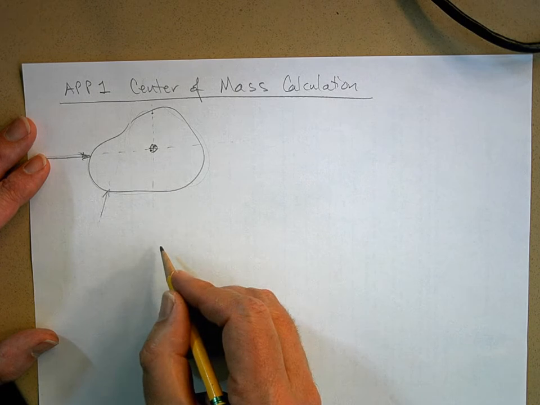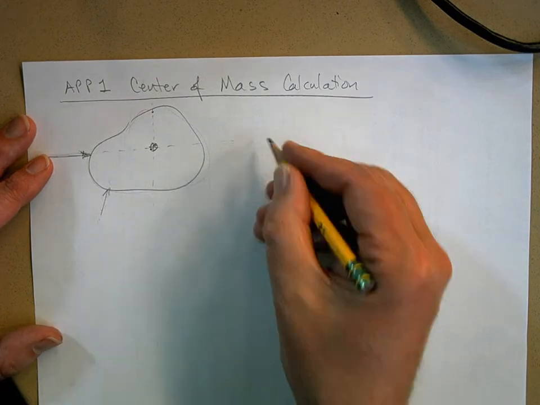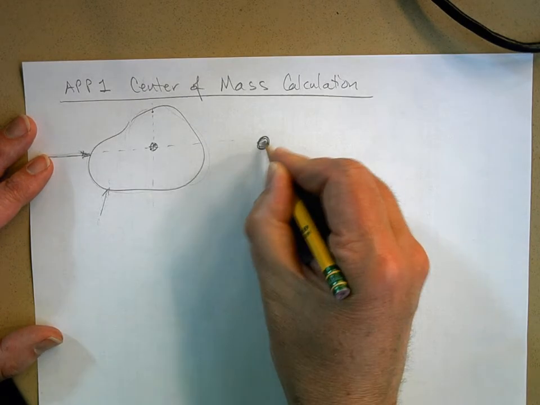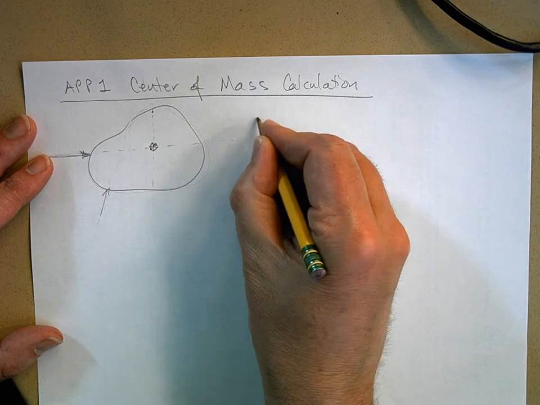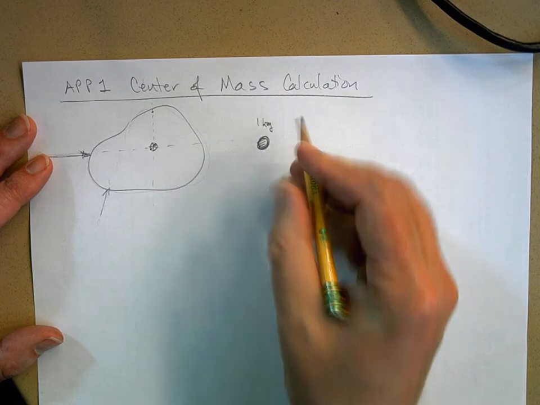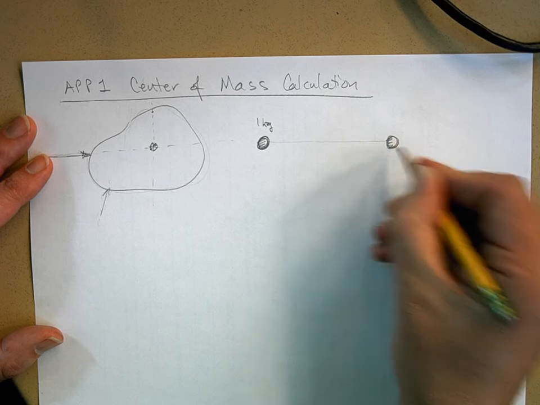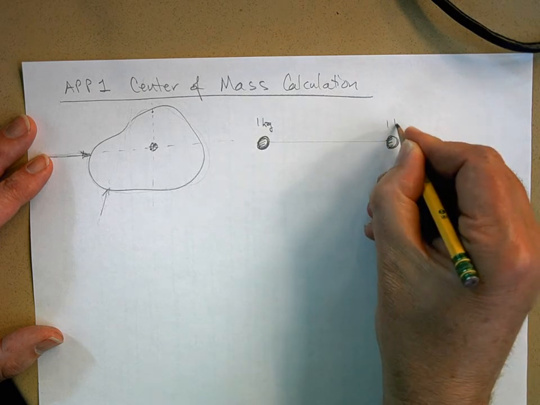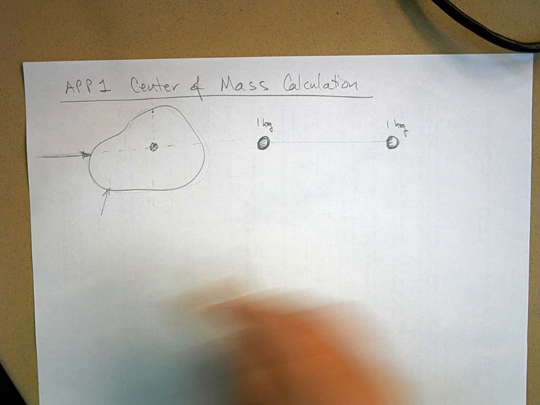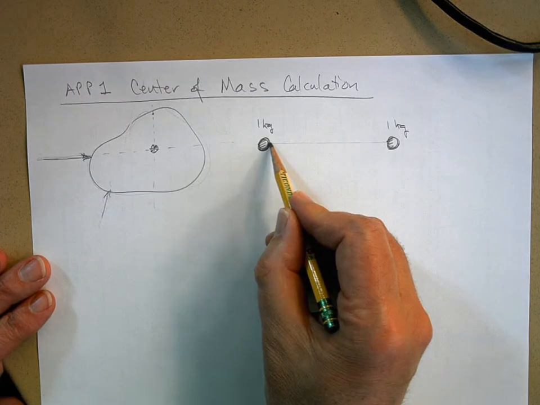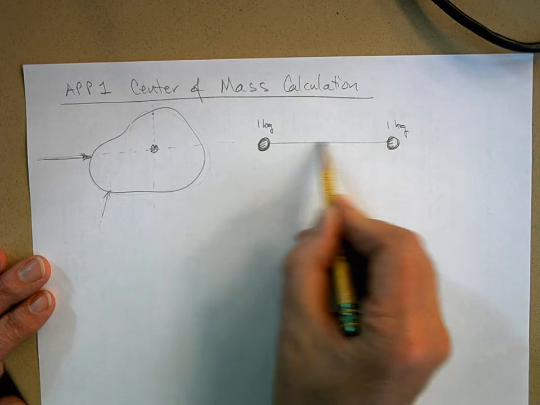Suppose I have two objects, and I'm going to say this has a mass of 1 kilogram, and this has a mass of 1 kilogram. And then I'm going to connect them with a very light rod.